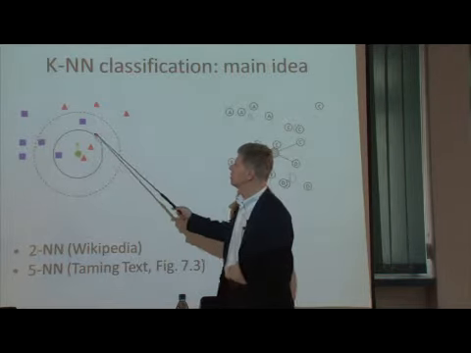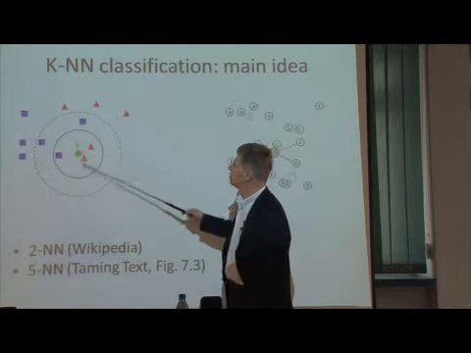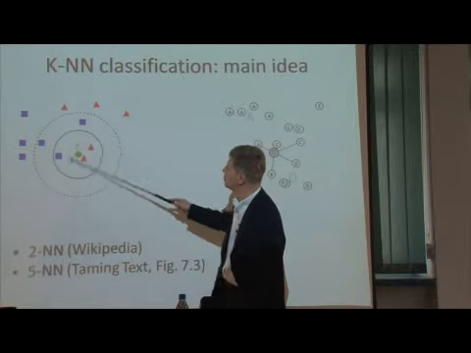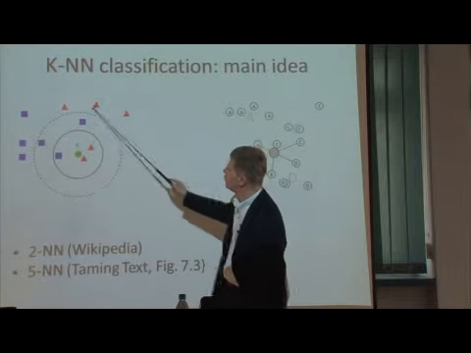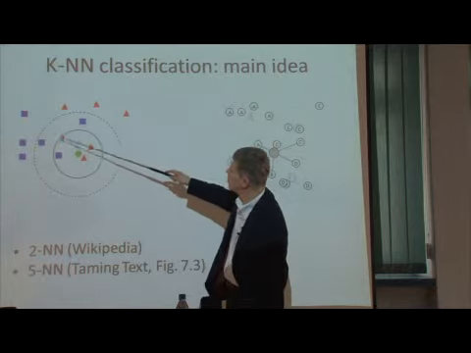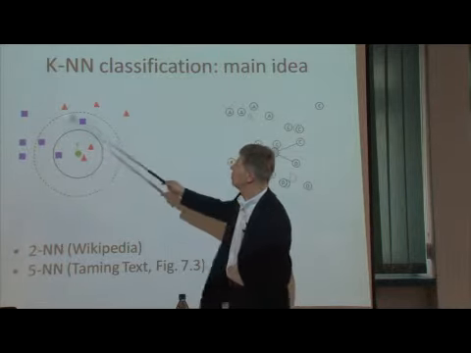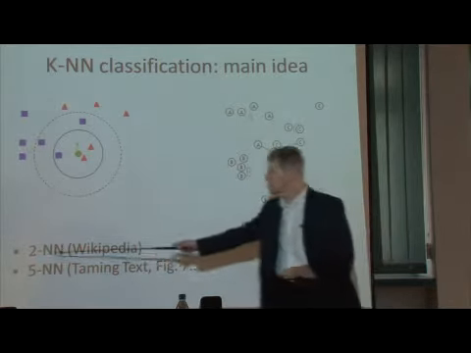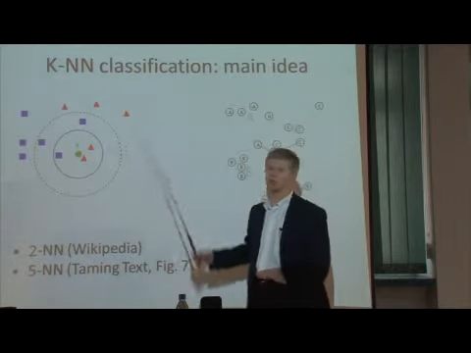We can choose the 3 closest documents and then take the majority vote. So 2 nearest neighbor would be here, 3 nearest neighbor would be here, 5 nearest neighbor would be looking at this circle, and then we have 3 blue. So depending on what classification method we use, whether 2 or 3 or 4 or 5, we may have different results.